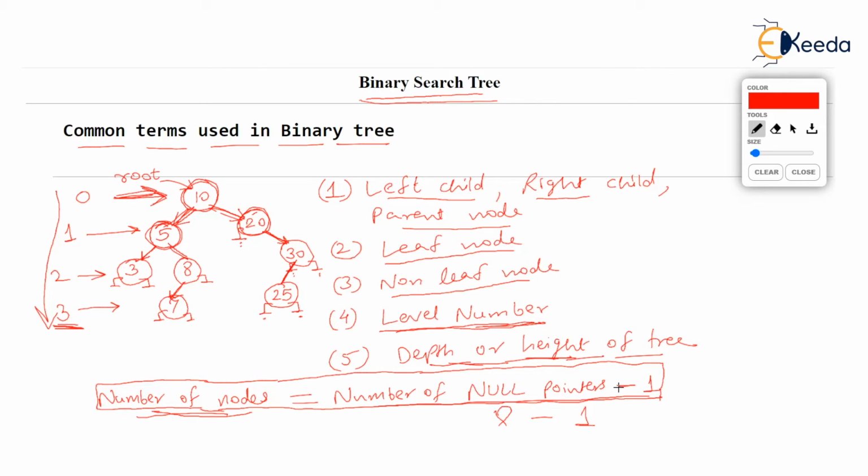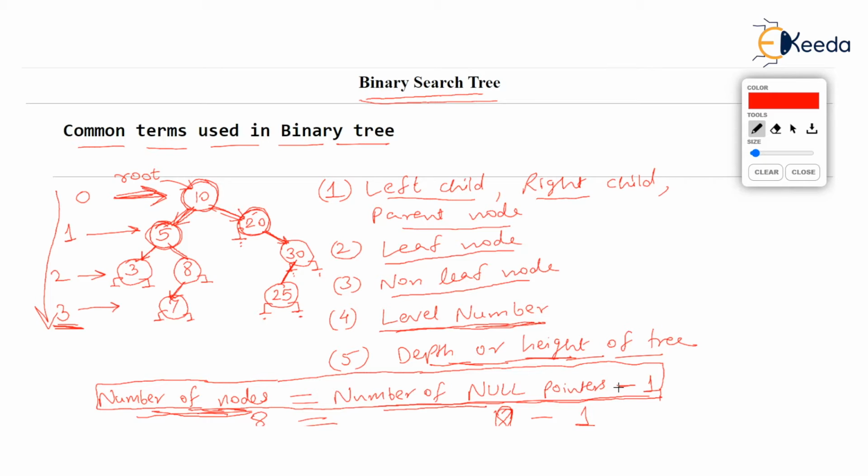Number of null pointers in this new tree after adding 25 is 9. And I am saying that the number of nodes is equal to 9 minus 1, number of null pointers minus 1, that is 8. And if you count the number of nodes now after inclusion of 25, the number of nodes is 8, which gives you this tally. This tally is always working, isn't it?